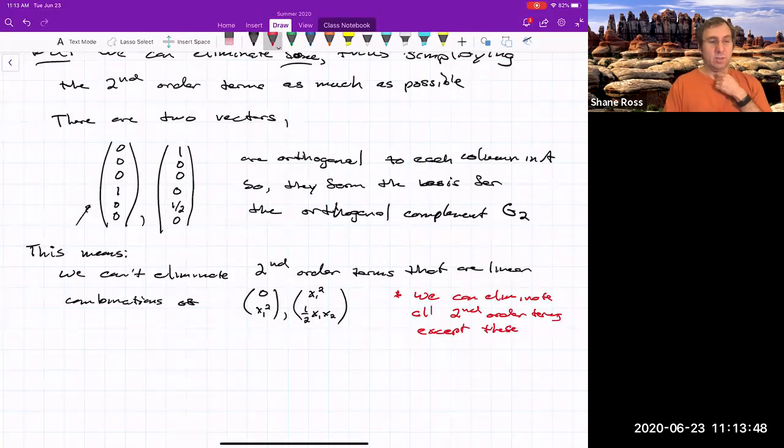By that proper choice of the H2Y polynomial. So I guess, what are we saying? G2 is the span of these two things.